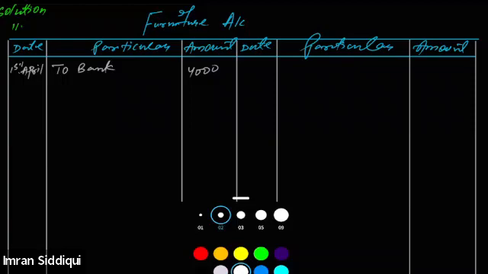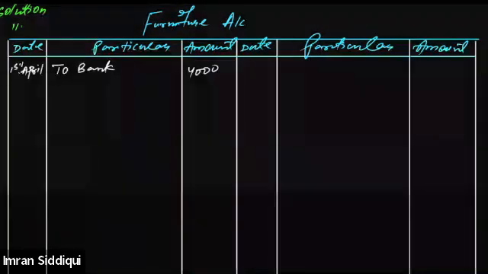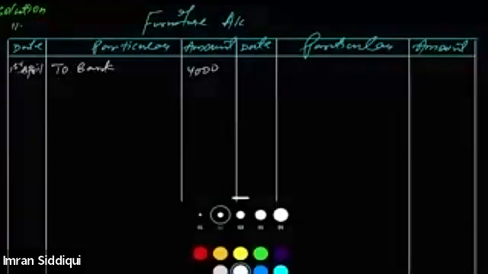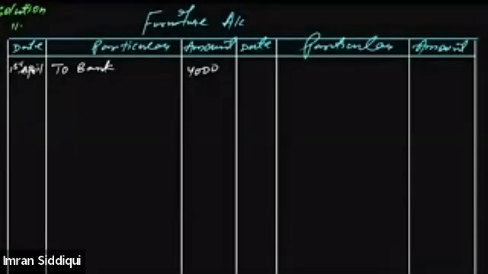So this is the opening balance, the purchase value of the furniture. No other transaction has taken place in the current year, so we can simply calculate depreciation on this value. We calculate depreciation on 31st of March of the first year.